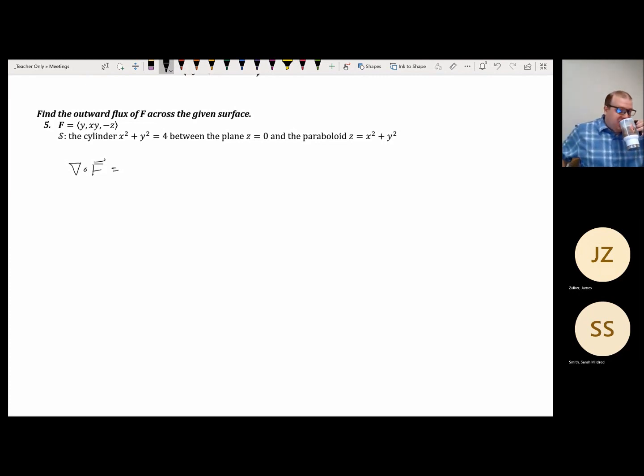How'd you get just x? Okay, so you said partial x of the x, partial y of the y, partial z of the z, right? So it'd be x minus 1.